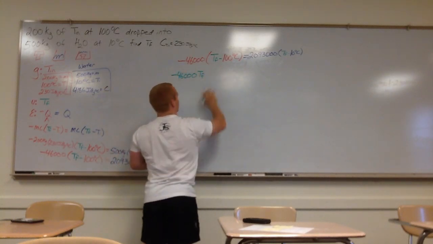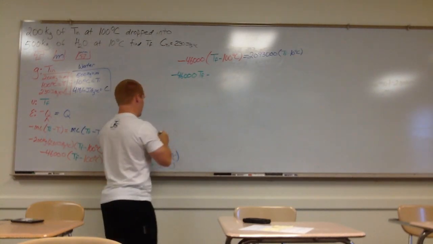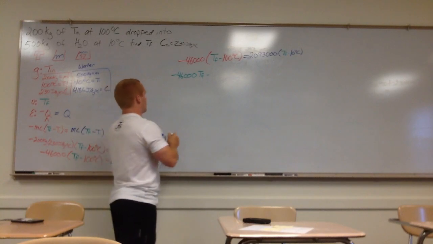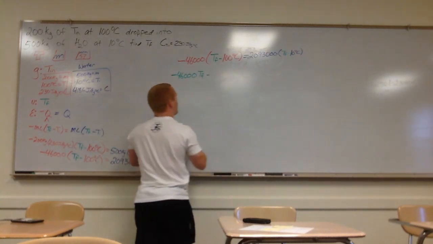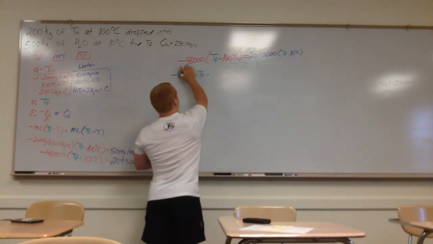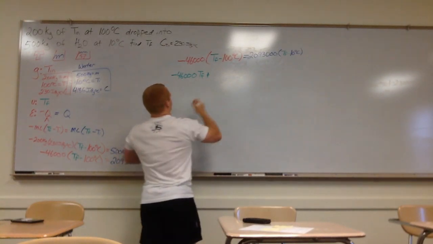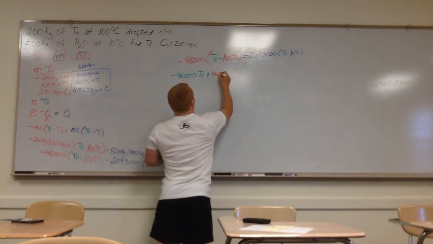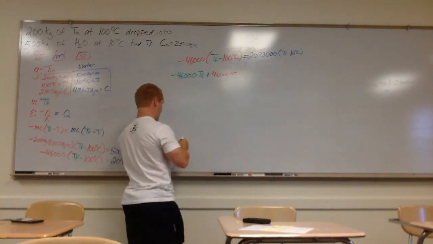This is going to get rid of our parentheses, which is nice. Notice I changed it to green because now it's labeled as TF. And then I'm going to multiply negative 46,000 times negative 100 degrees Celsius, and the negatives cancel out to become positive. When you multiply those out, you'll get a big number like that.